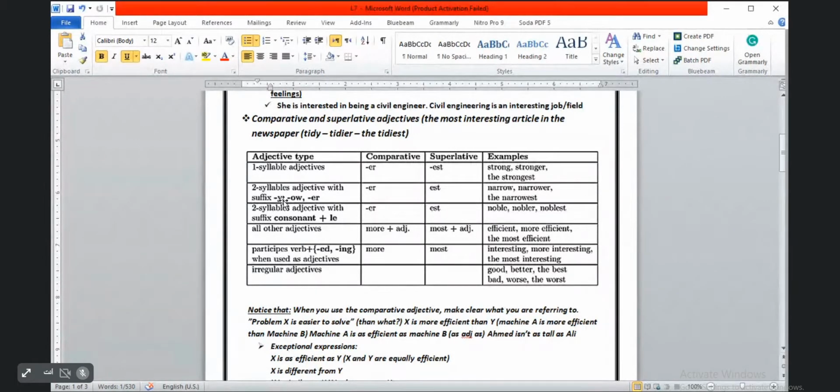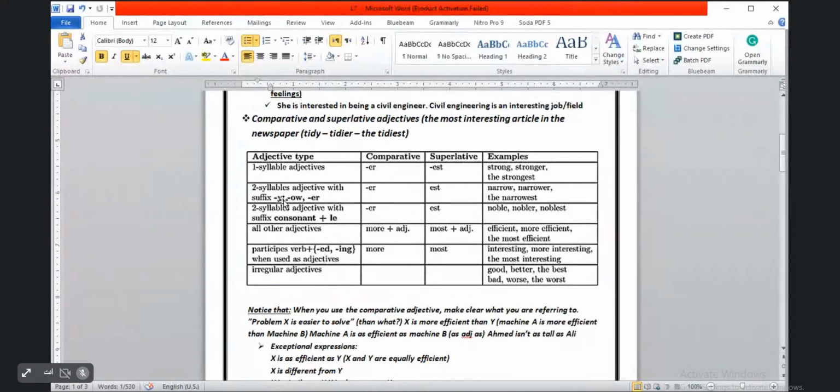These small adjectives, we add ER for comparison, and EST for superlative.